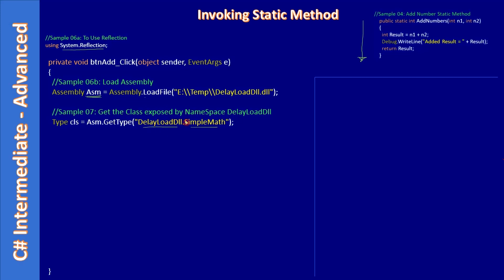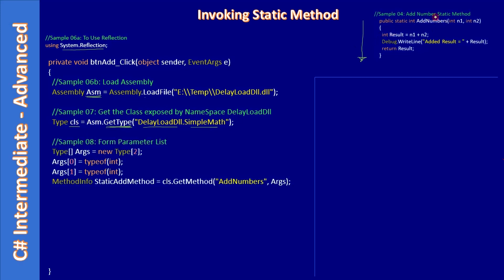Inside this namespace, there is a class called simple math. And we already have the loaded assembly from this asm. We are making a call to get type. So here we are getting the type. This time the type is simple math. So get type returns an instance of a type. We store that here in cls.